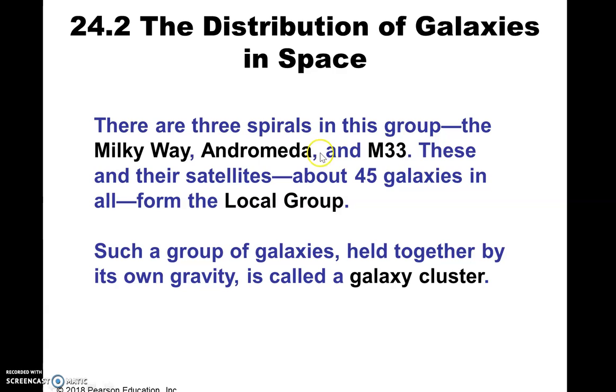I'm sorry, M31 is Andromeda, and also M33, which is also a spiral galaxy. Sometimes that galaxy is called Triangulum, just to let you know, though it's not that important. Those are the 3 big ones, and they happen to be spiral galaxies.